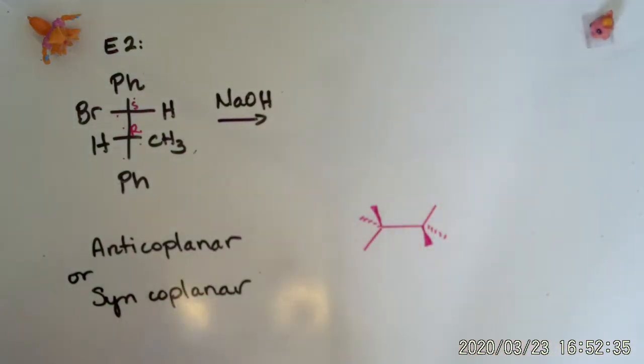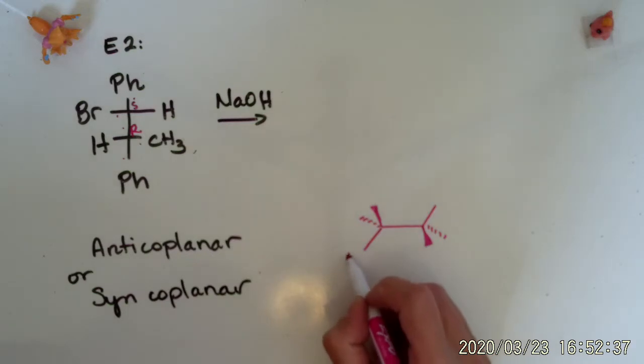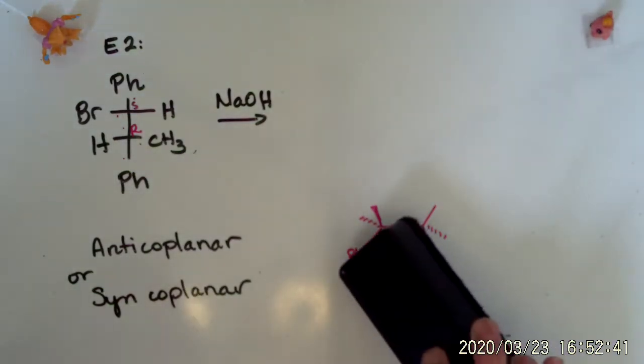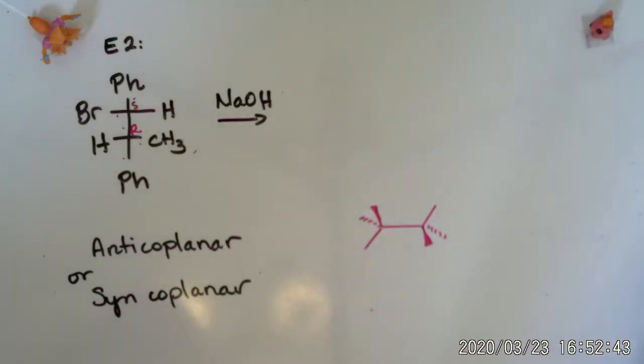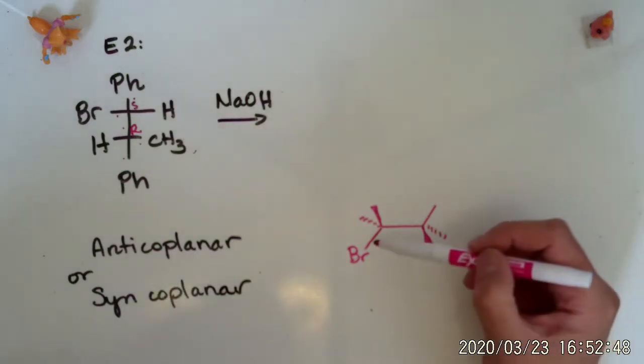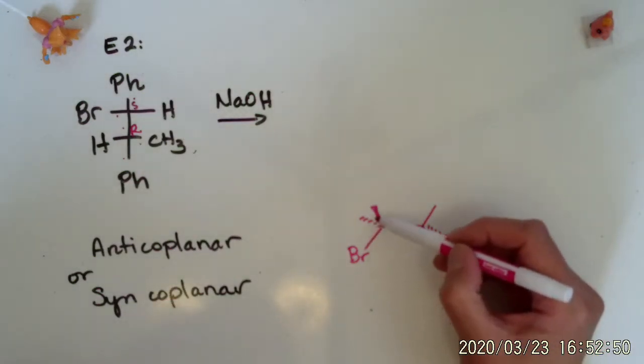If I put my phenyl group right here, actually, I don't want my phenyl group there. Let's put my bromine right there. Now, where is my phenyl group going? This is S, 1, 2, 3.